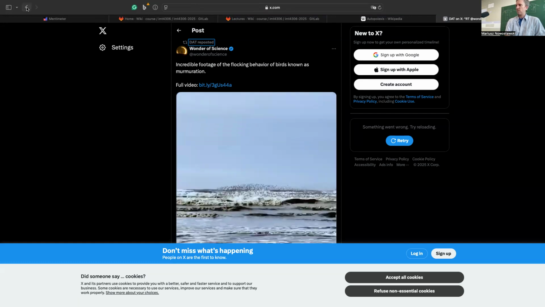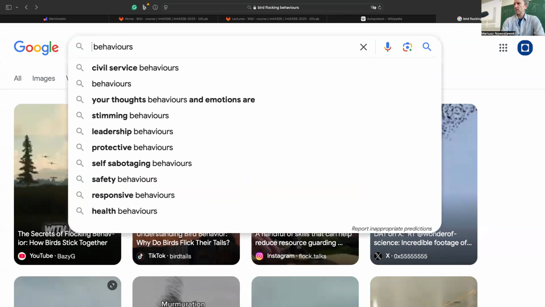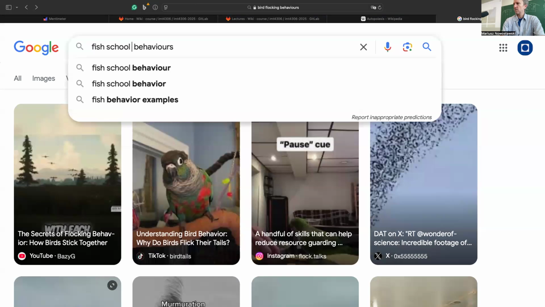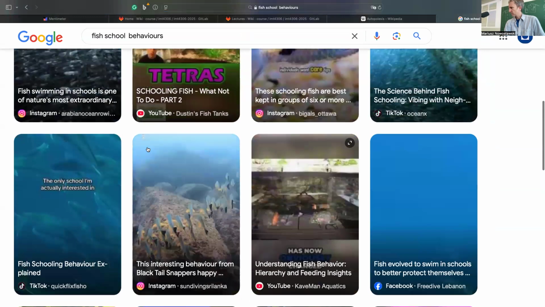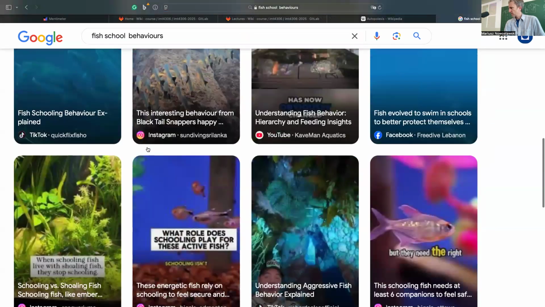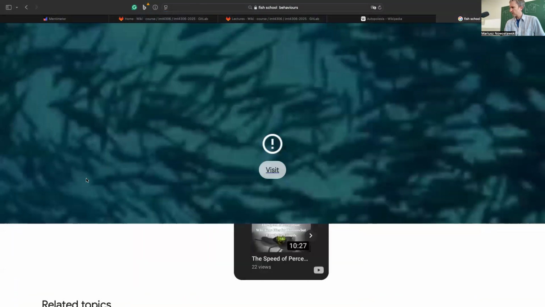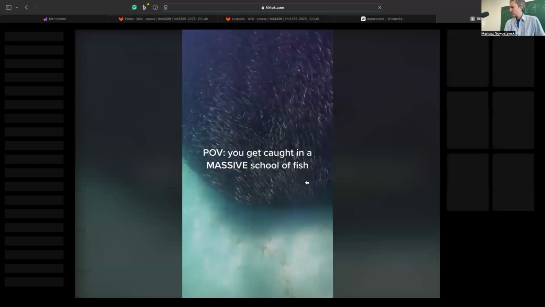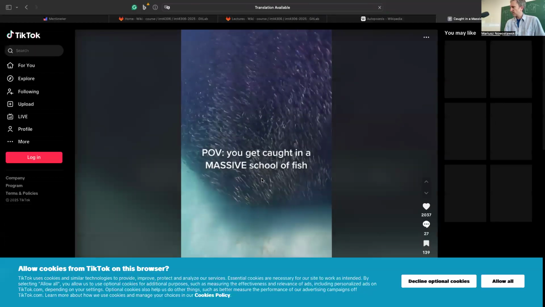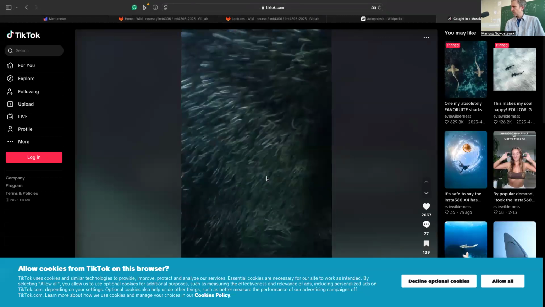And it is the same with fish. So we can say a fish school. Yeah, this one is not showing, but this is a school of fish, and they form this big blob.